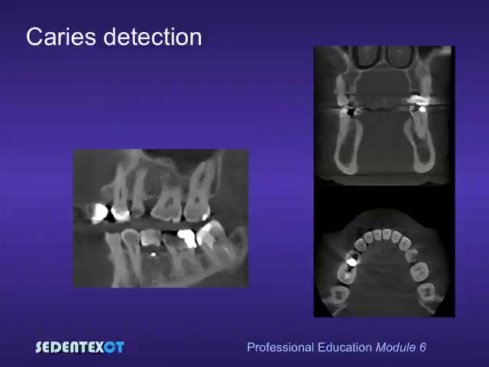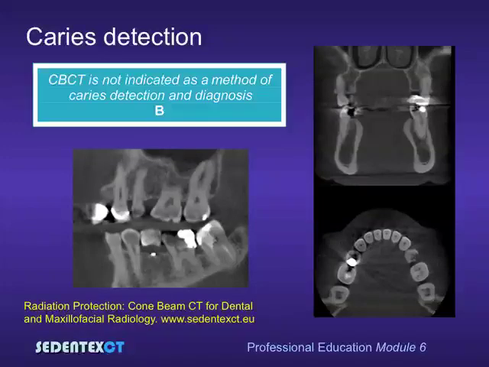The picture on the left is of a reconstruction from the data set on the right, and you will see in the crowns of the teeth many dark areas, representing not dental decay, but artifact. As a result of this, the Sedentex CT guidelines concluded that CBCT should not be used as a routine method of caries detection and diagnosis, and this has a B evidence grade, which is quite a high level.